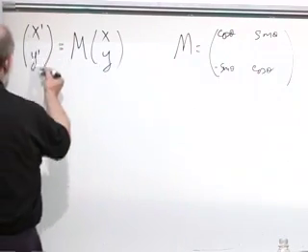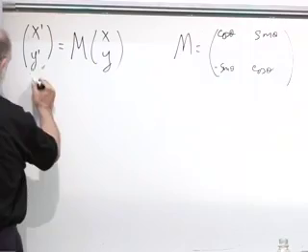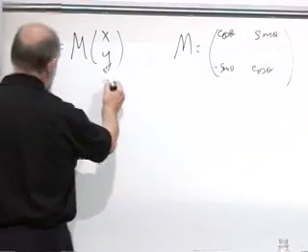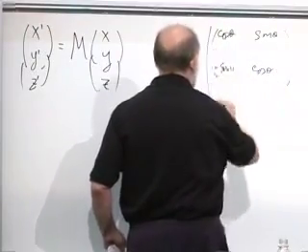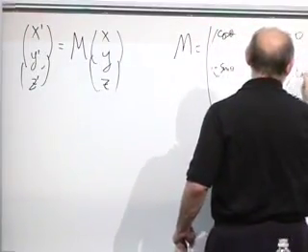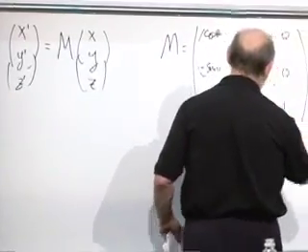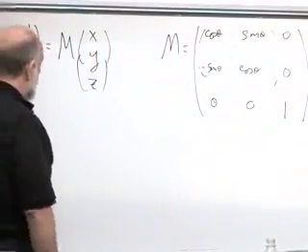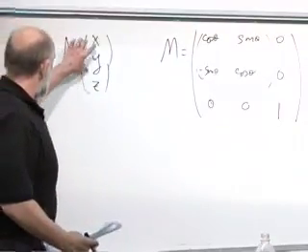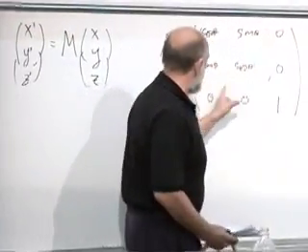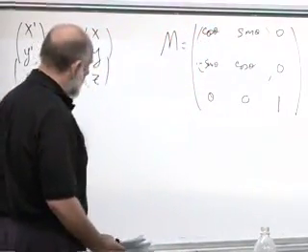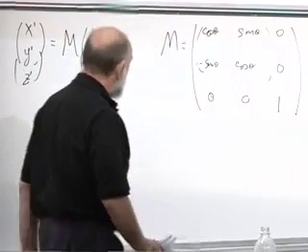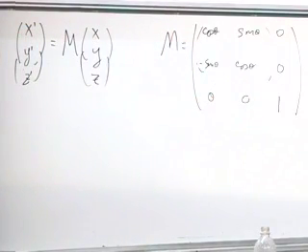We could write x, y, and also put here z prime, z, and then the matrix would be a 3 by 3 matrix, with 0, 0, 1. The matrix would then act among the xy components to mix them up, leaving z out of the picture altogether, and then it would act on z to give z prime, which would just be z equals z prime. So every such transformation has a matrix associated with it.